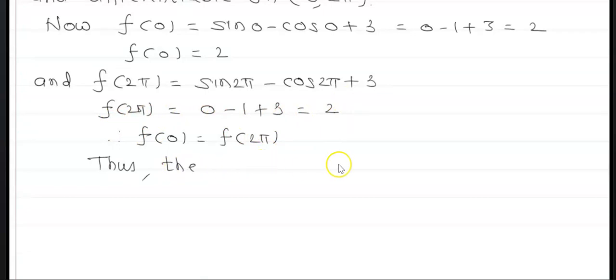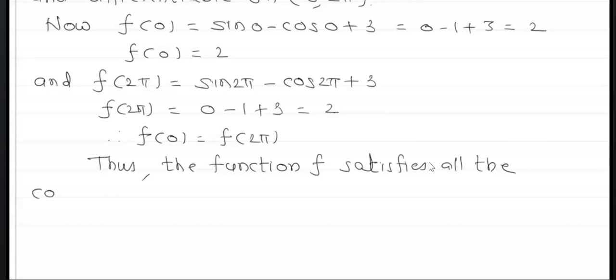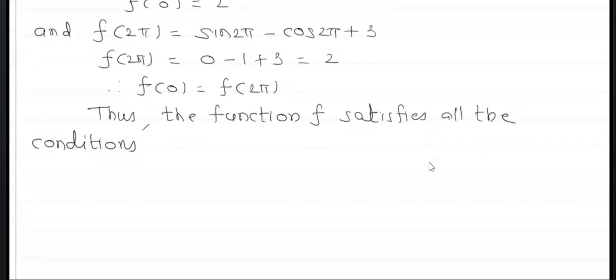Therefore, f of 0 is equal to f of 2 pi. Thus, the function f satisfies all the conditions of Rolle's theorem.